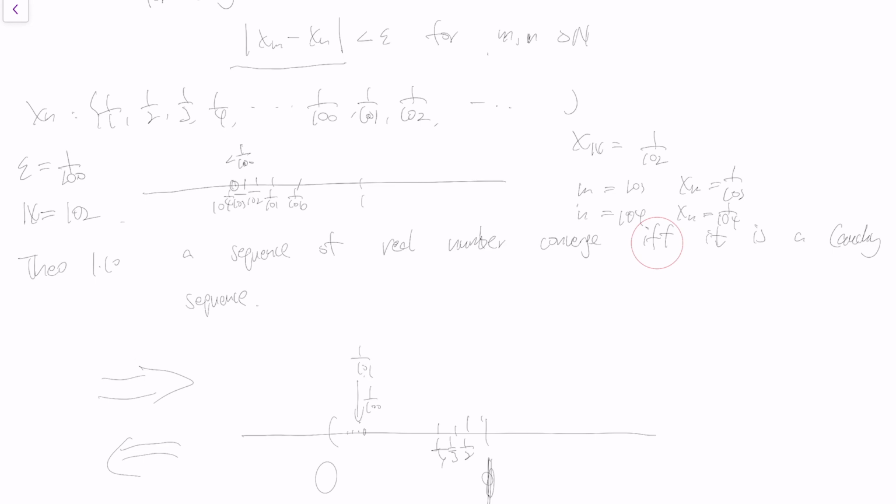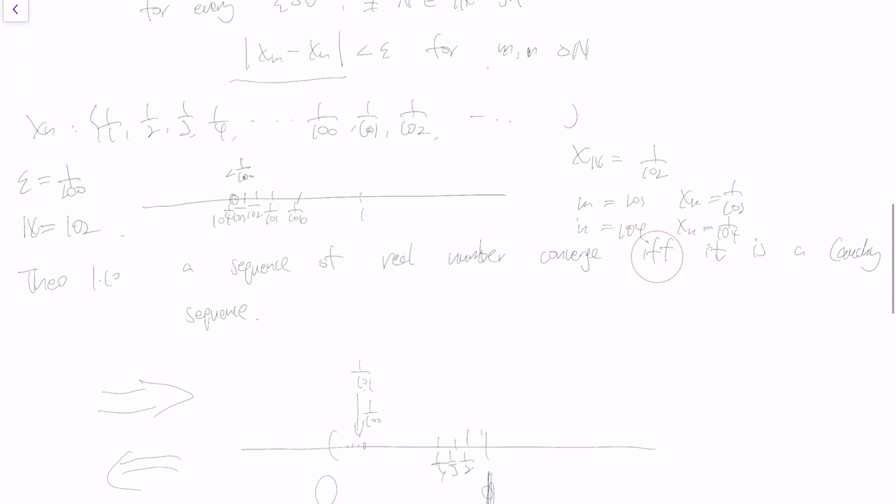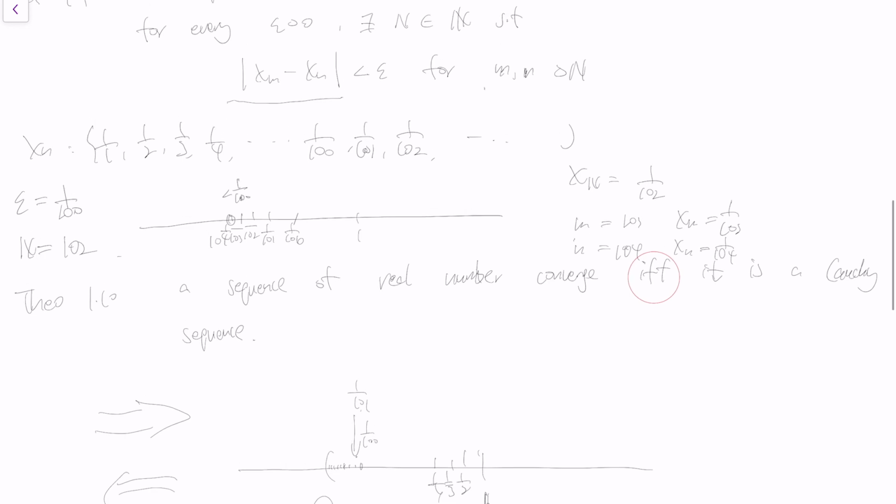This sequence converges to 0, and we proved that it is a Cauchy sequence. Since it is a Cauchy sequence, and the numbers can be super small, almost reaching 0 but never reaching 0, this sequence is also a convergent sequence.